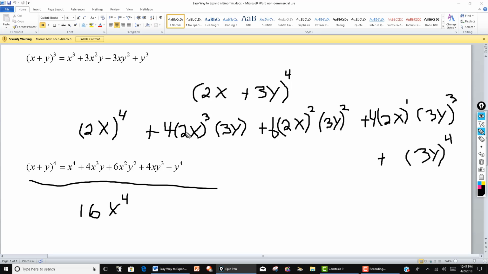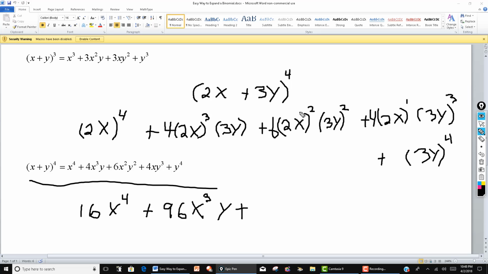That'll give me 8x cubed. Okay, so I have 4, and then 8x cubed, and then times 3y. Do your calculations on that. And that should come out to 96 x to the third y. Okay, and then it's plus.